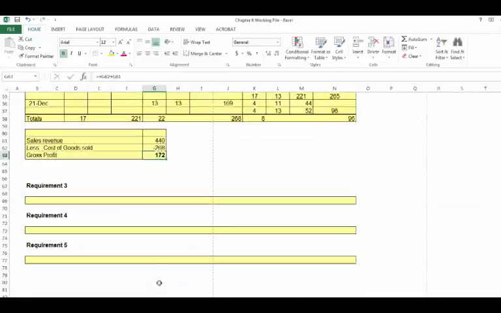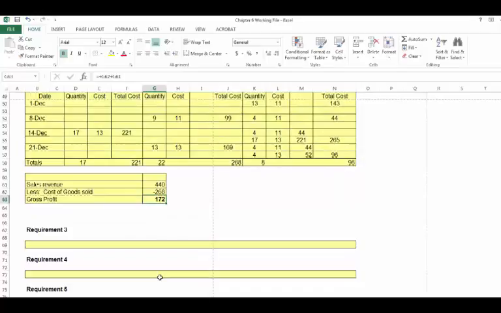Okay, so let's see requirement 3, what are they asking? They were asking which one results in a higher cost of goods sold. LIFO results in a higher cost of goods sold. And then requirement 4, they were asking what results in a higher cost of ending inventory. FIFO results in a higher ending inventory.